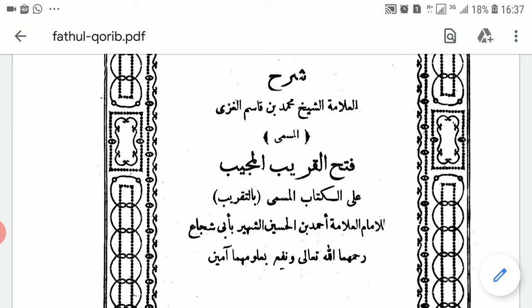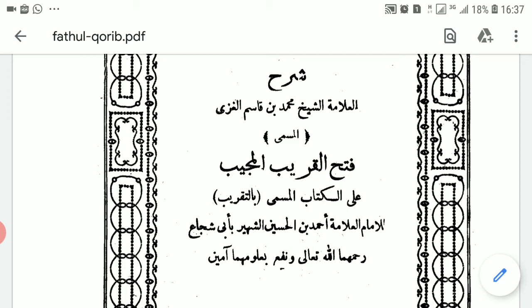Alright, before I start reading, let's send Surah Al-Fatihah for Rasulullah Sallallahu Alaihi Wasallam and both the authors of this kitab, so that we can get useful knowledge and barakah.